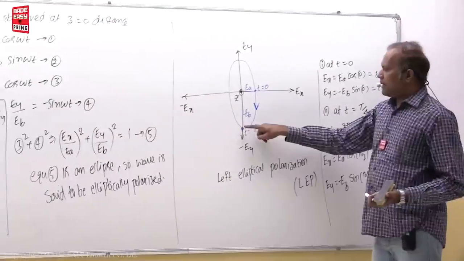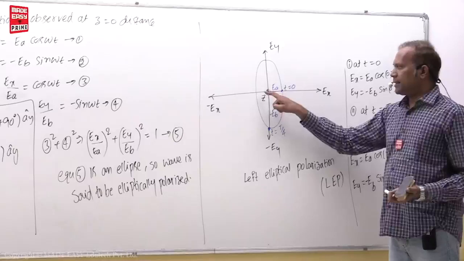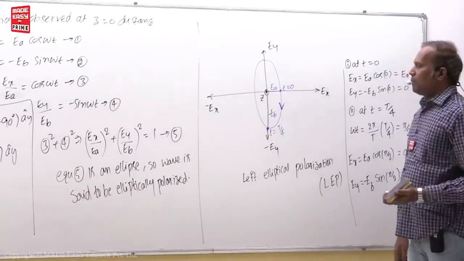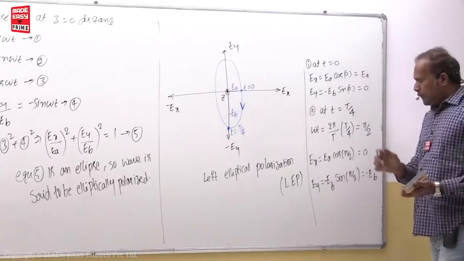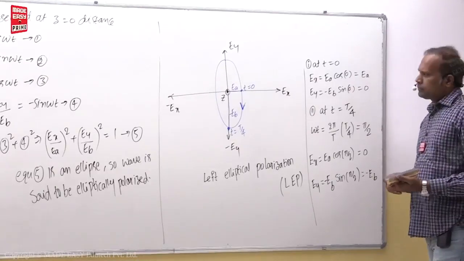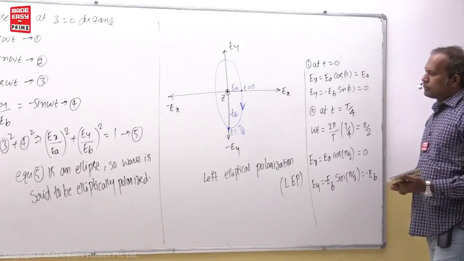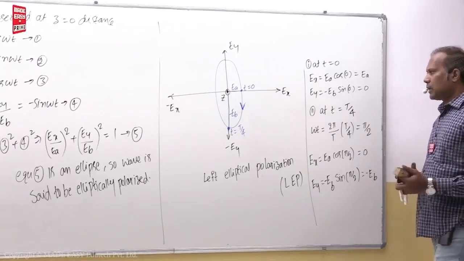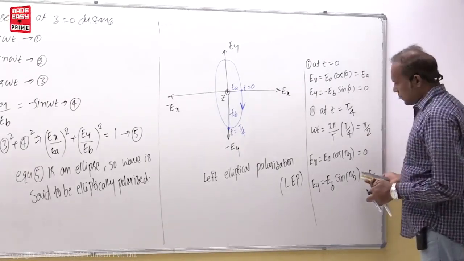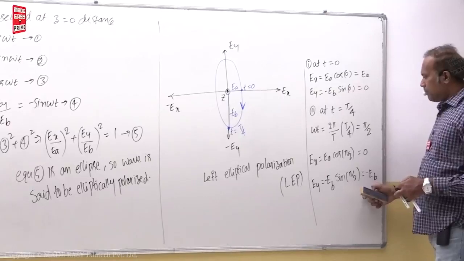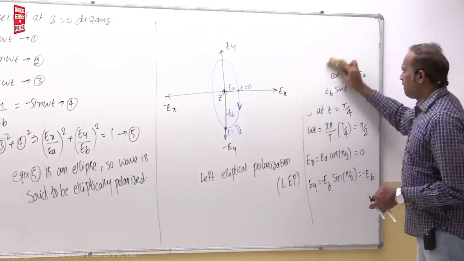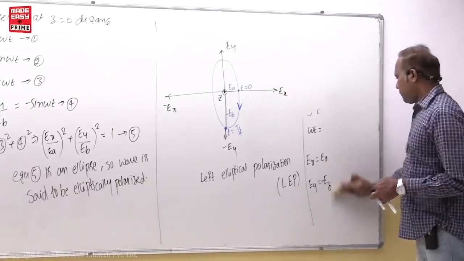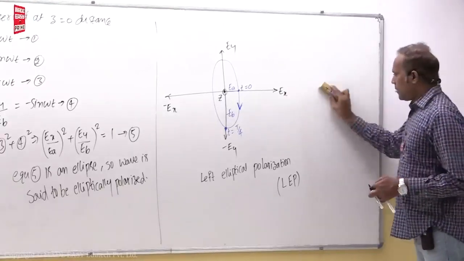So this is major axis and this is minor axis. Okay, I will write that here. Can I use this place? I am using this place now for that.